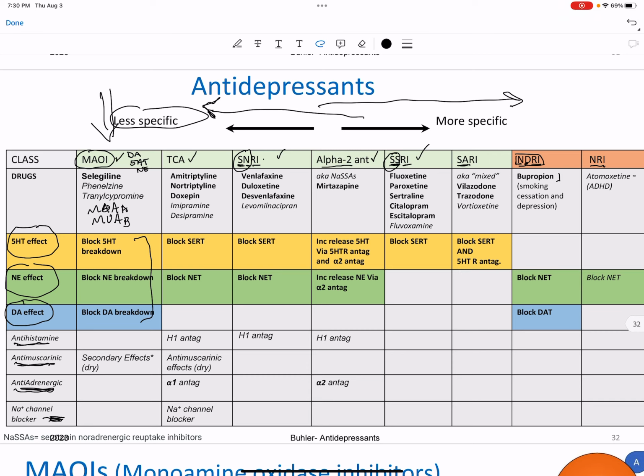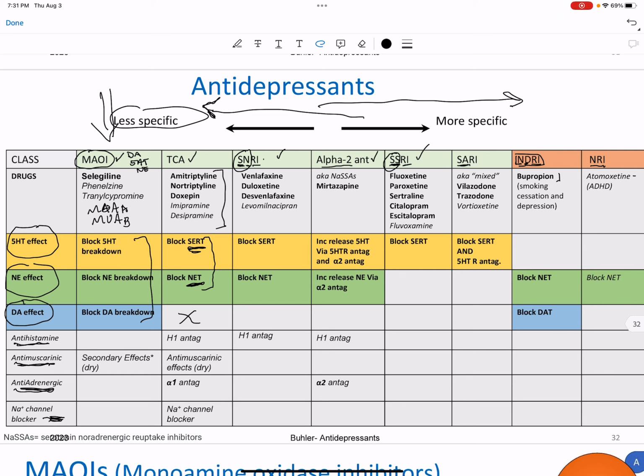So our MAOIs have always been considered pretty dirty drugs. So then they went ahead and made TCAs, tricyclic antidepressants, because they were cleaner drugs. They only blocked serotonin reuptake and norepinephrine reuptake, and then didn't have any effect directly on dopamine.